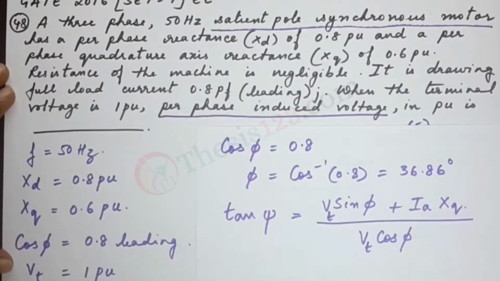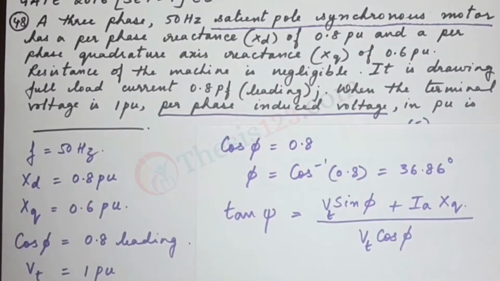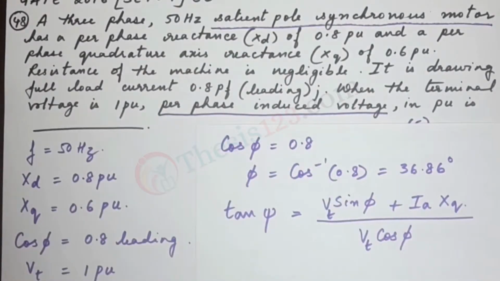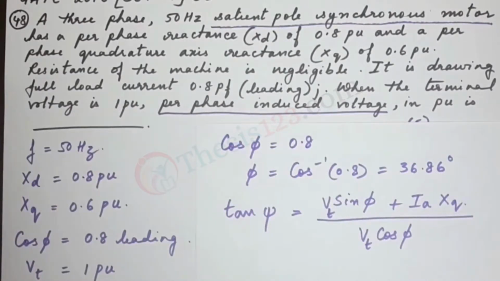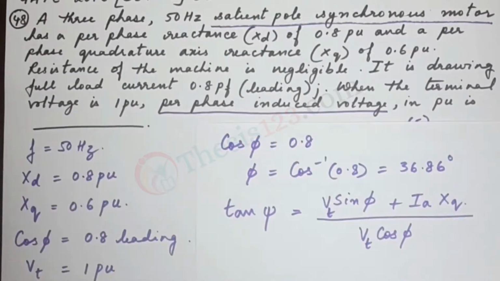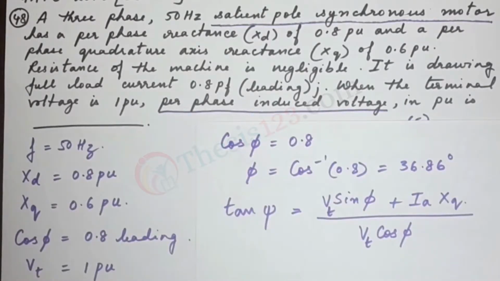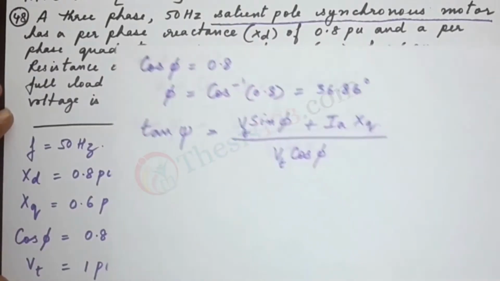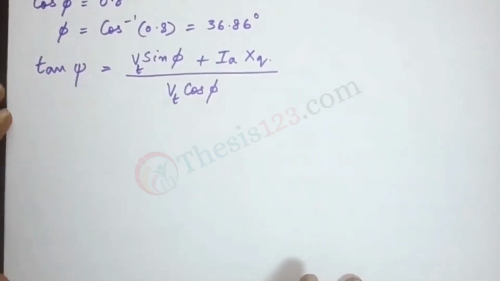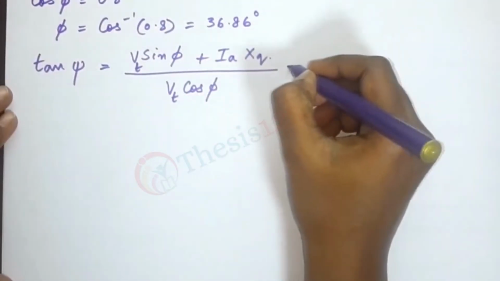We take it as 1 per unit because the question mentions that it is drawing a full load current. In considering the full load current, we always take a whole number of 1. So the armature current is 1 pu and the terminal voltage is 1 pu as well. If we substitute all of these values, we will be able to find out what psi is.